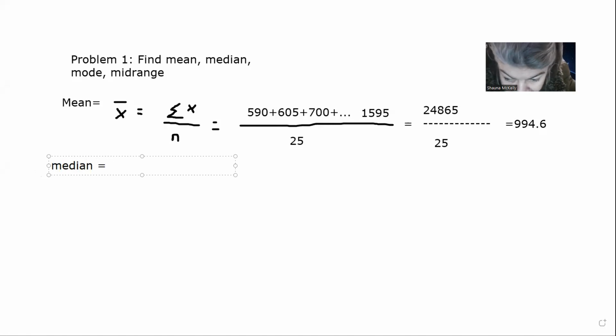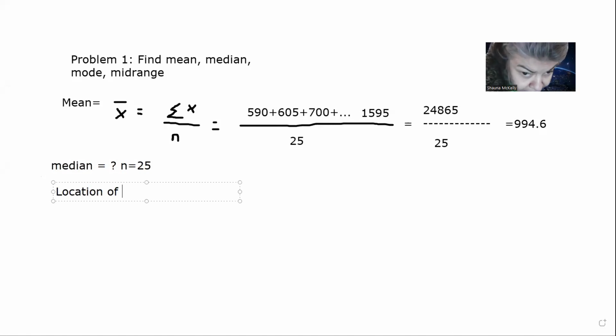Okay, well, we'll find out in a minute. Okay, well, I know that I have 25 numbers in my list. So one of the ways I can do this, since my list is already sorted, I can find the location of my median in the list. So what I'm going to do there is I'm going to say this.